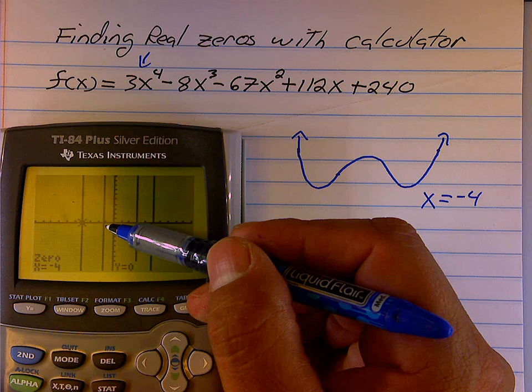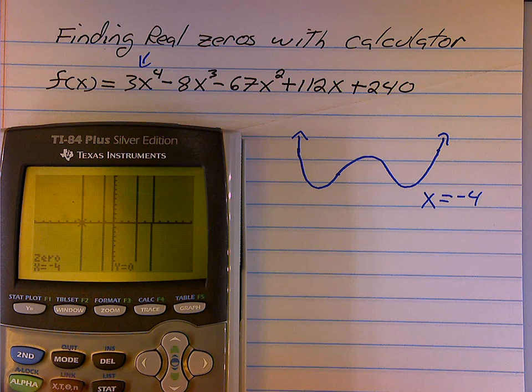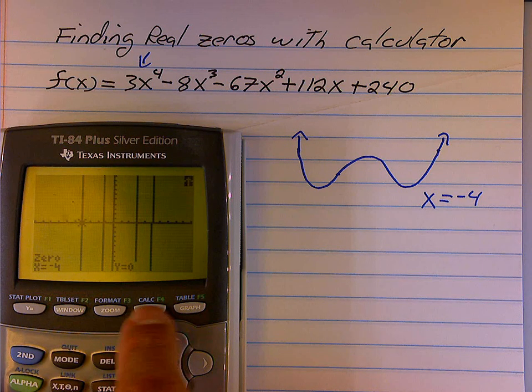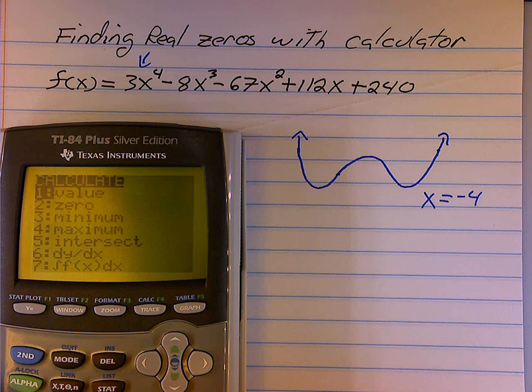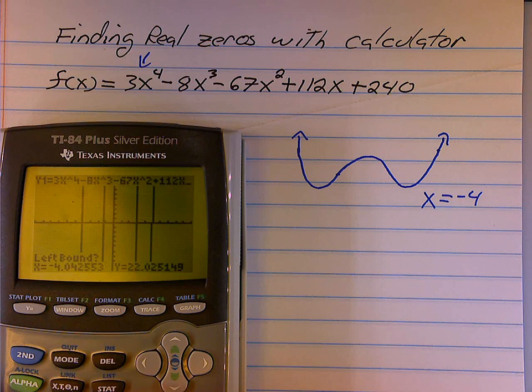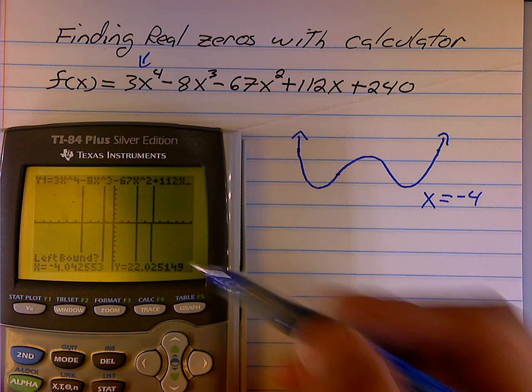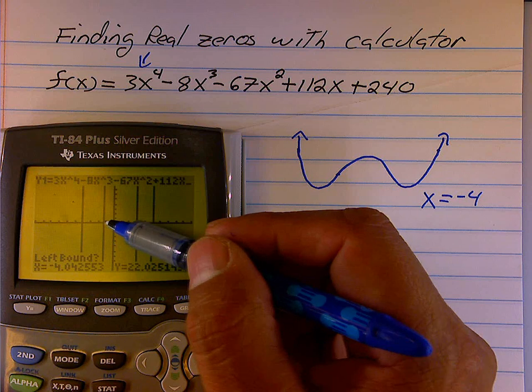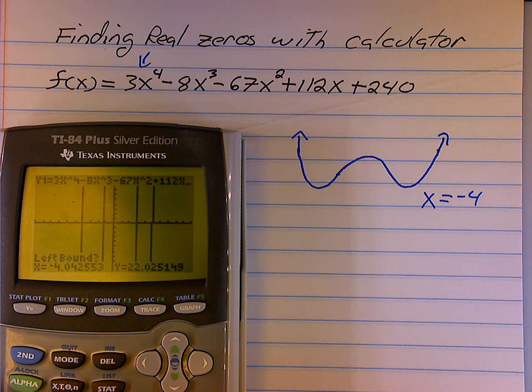Now I'm going to repeat the process. I'm going to try to find this zero here next. I'm going to push the blue button, the second function, then calculate, and I'm going to ask the calculator to help me find a zero. Now, it wants me to go left of my zero, so now I need to estimate where my zero is. It's between -1 and -2. So the left is -2, the right is -1, and the best guess, I'm going to put it at about -1.2. It's just a guess.